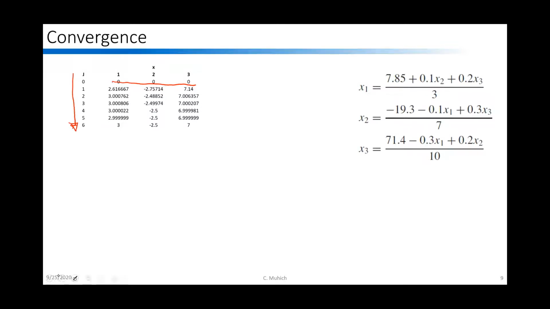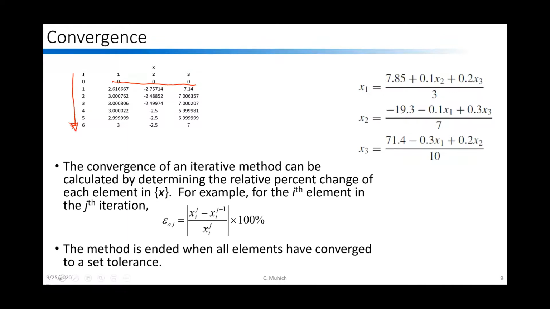Just like in root finding and optimization, we need a way to measure how well we're converging, and we can do that just using approximate errors, just like we did for optimization and root finding. So once again, we can use our approximate error. Here we have an additional subscript in our approximate error, this i, to let us know which of our x's we're talking about. And then, of course, we have our j representing which iteration number we're talking about.